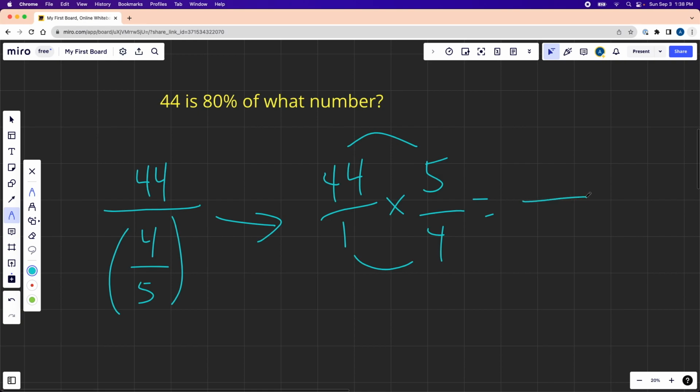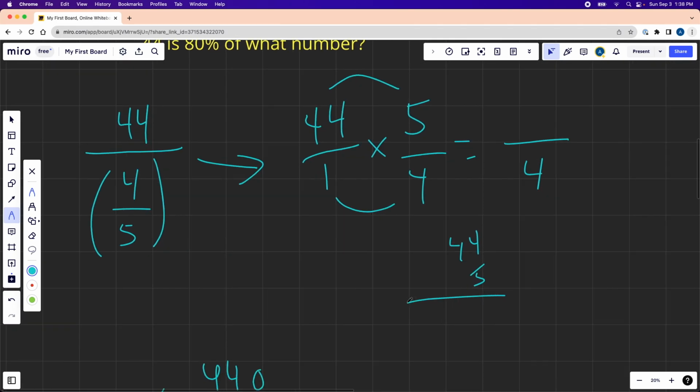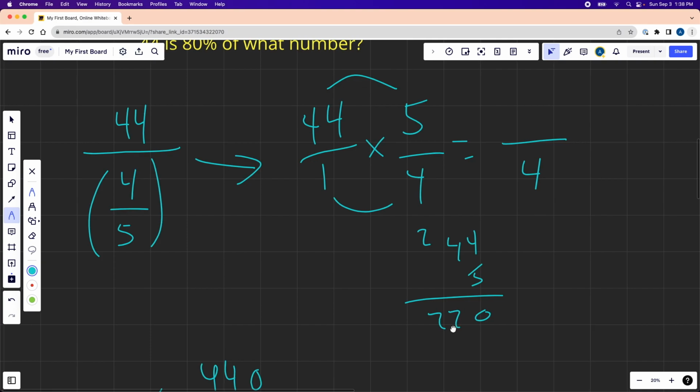If I do the denominators first, that's going to be 1 times 4. That's going to give us 4 on the bottom. And now I need to do 44 times 5. All right, 5 times 4 is 20, carry the 2. 5 times 4 again is 20, plus that 2, that's going to be 220. All right, so that is 220 there.